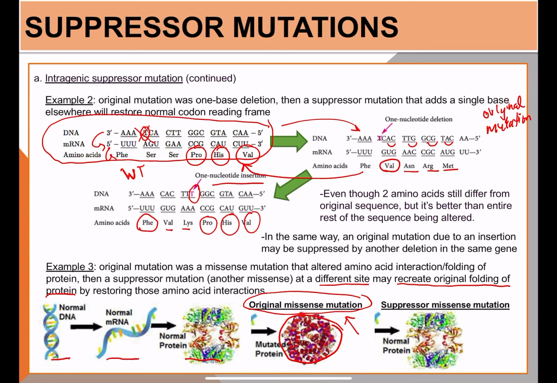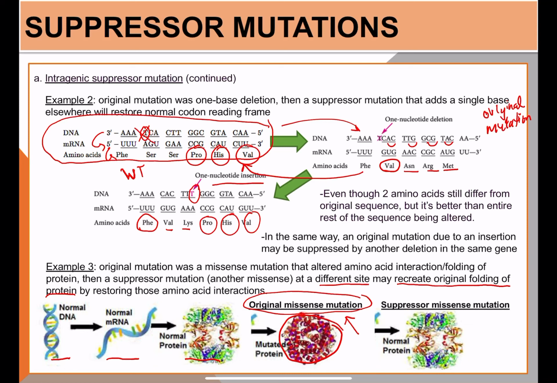And sometimes you're talking about a suppressor mutation on different types of RNA molecules, as we will discuss later on in the next example. But it is a different type of mutation somewhere else that can affect the protein structure, fold it back into the right shape. Okay, so understand the difference between these three examples.